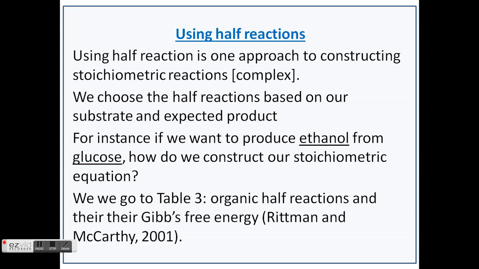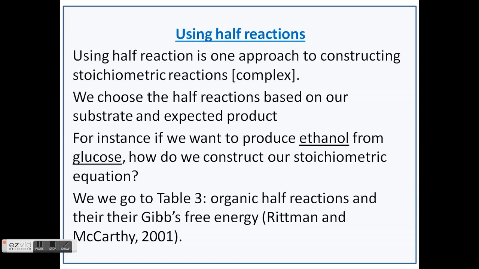In this video, I want to go through some examples on how to use half reactions. Half reactions are one approach to constructing stoichiometric reactions, and they can be very useful, especially when you're dealing with complex reactions.